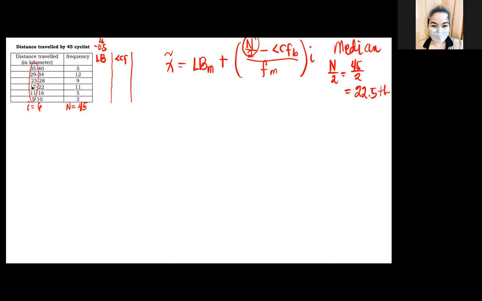Magsusubtract lang tayo dyan ng 0.5. Okay? So magiging 34.5 ito. So 28.5, 22.5, 16.5, 10.5, and 4.5. So yan po yung lower boundary natin.